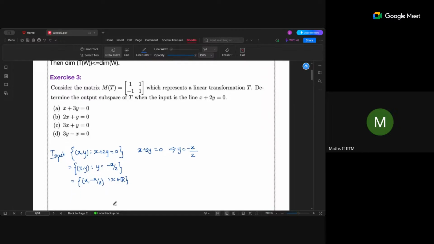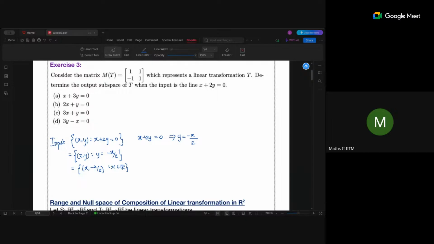Any idea from anyone? It's okay even if it's wrong, you can try your suggestion. Okay, so how do you get a general output?